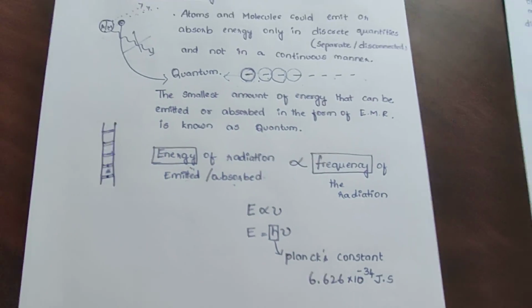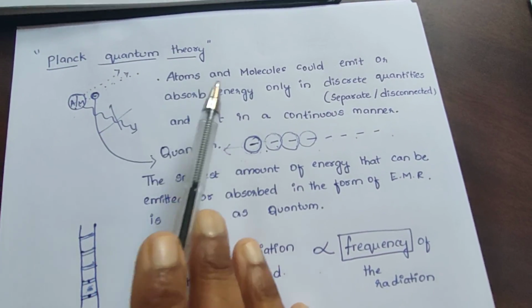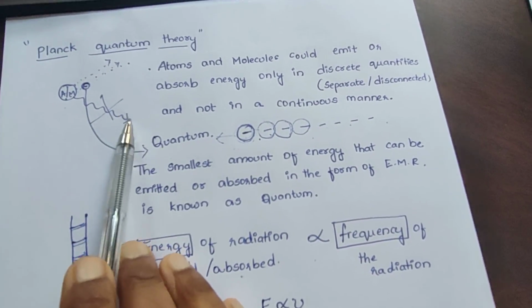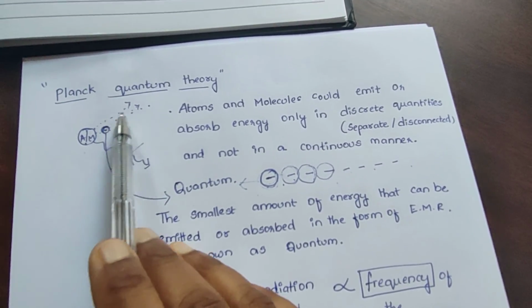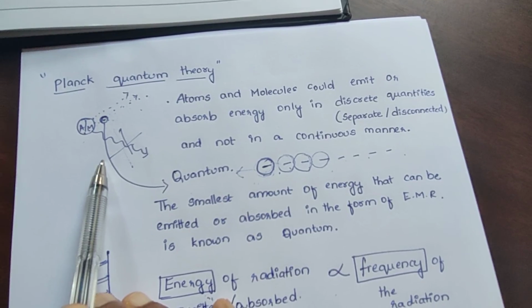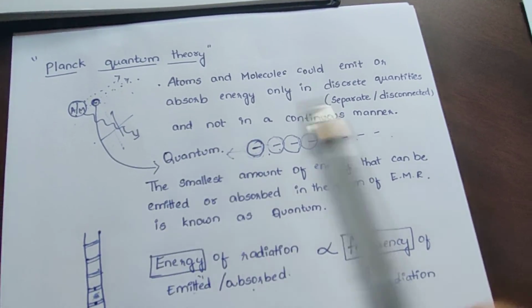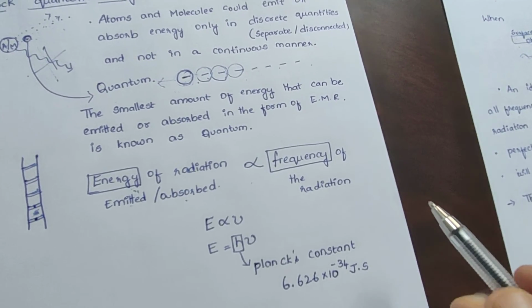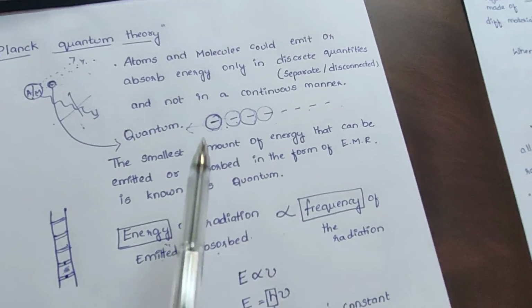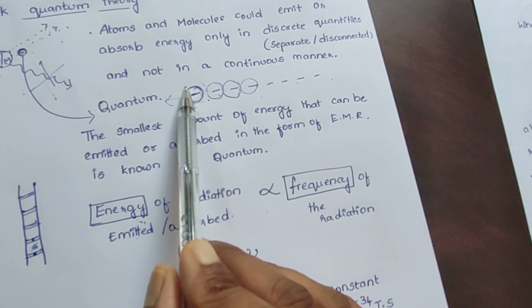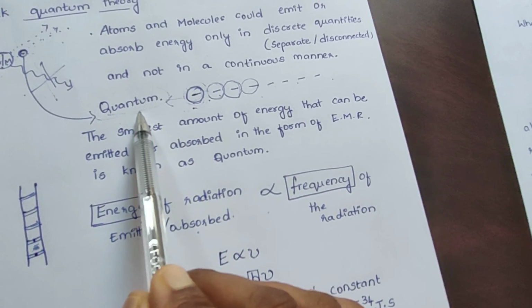So, Max Planck's quantum theory considers electromagnetic radiations as particles but not waves, and these particles of electromagnetic radiation are called photons, and the smallest amount of energy is called quantum.